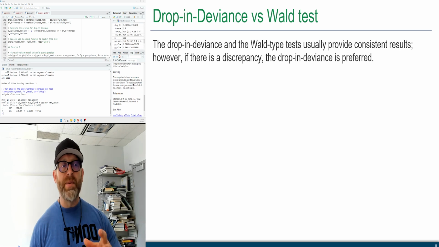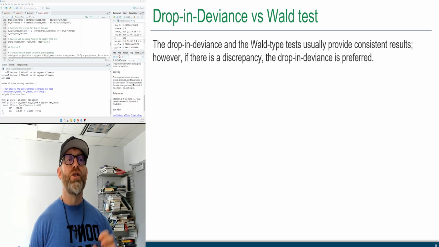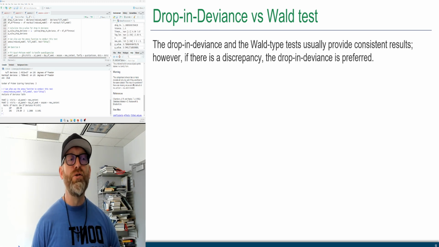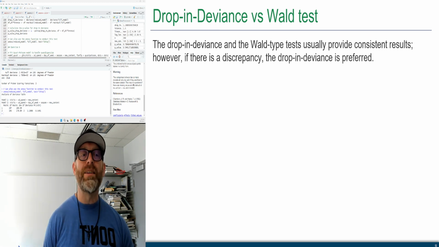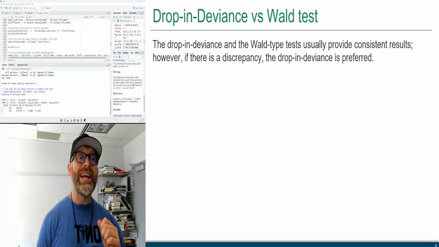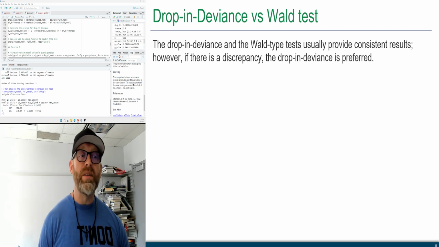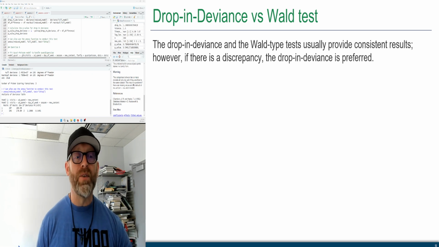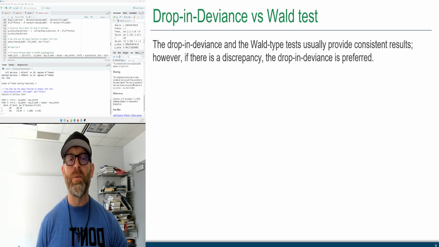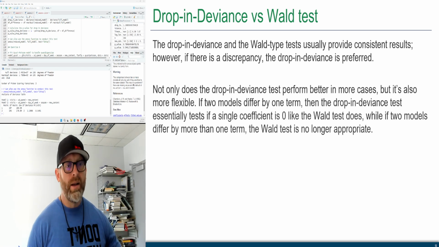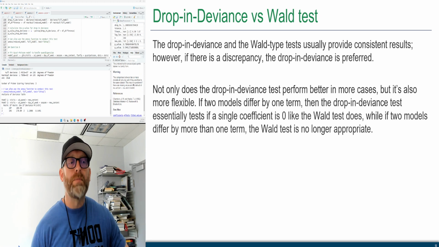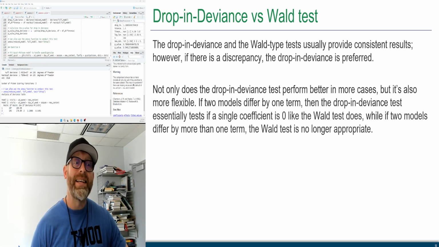In terms of the drop in deviance versus the Wald test, the drop in deviance and the Wald test usually provide consistent results. However, if there is a discrepancy, we stick with the drop in deviance. That's typically the preferred way. But for what we've seen, they're going to come out with exactly the same results. So not only does the drop in deviance test perform better in most cases, it's also more flexible. That's the key point there.